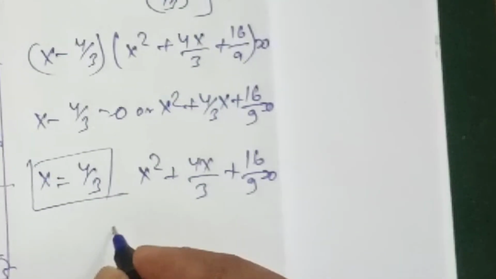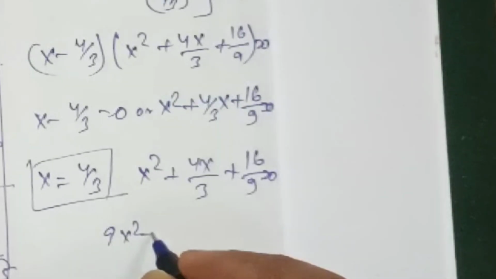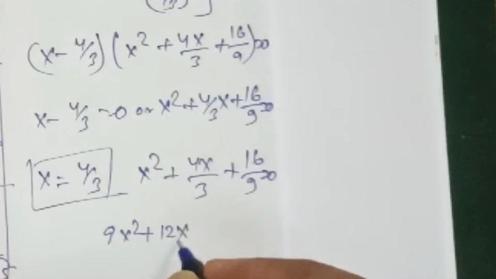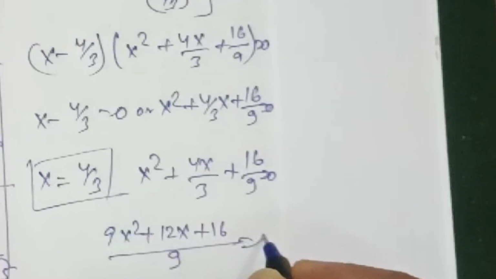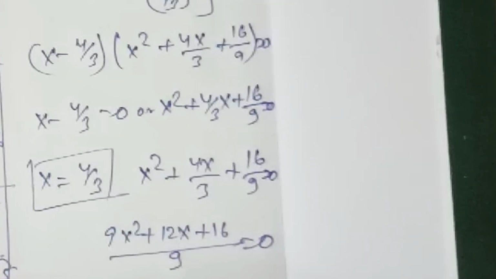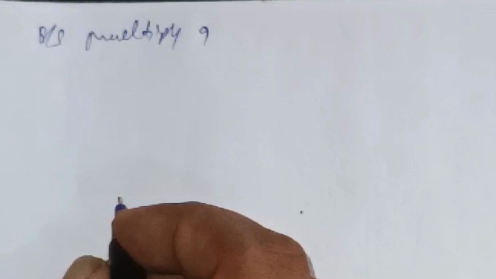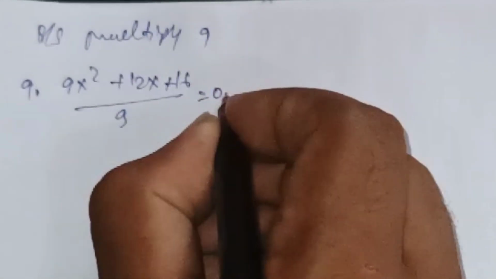Therefore here (9x^2 plus 12x plus 16)/9 is equal to 0. Both sides multiplied by 9. Therefore 9 into (9x^2 plus 12x plus 16)/9 is equal to 0 into 9.